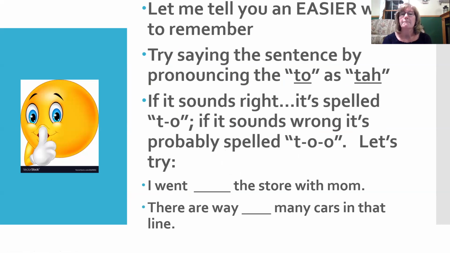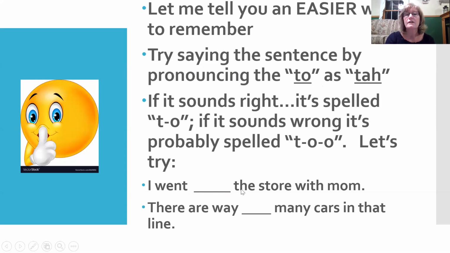And she said to me, if you can say your sentence and pronounce the word to like ta, then you want the very shortest version of the word to in your sentence. If you can't say ta, if it sounds wrong if you pronounce it that way, then you want the longer version of the word to in your sentence, TOO. Let's try it and see if my teacher was right.